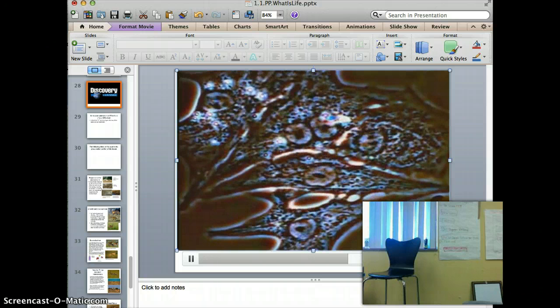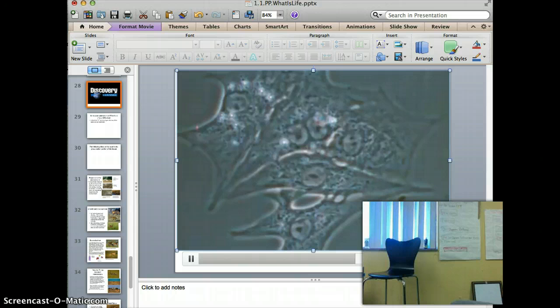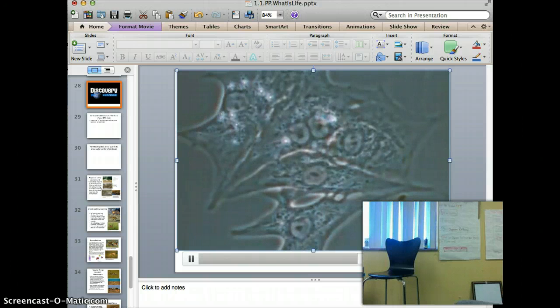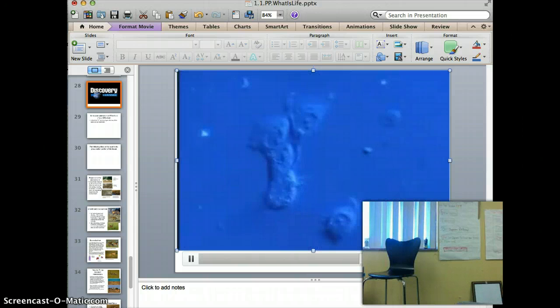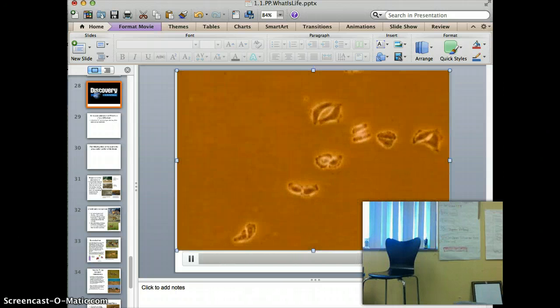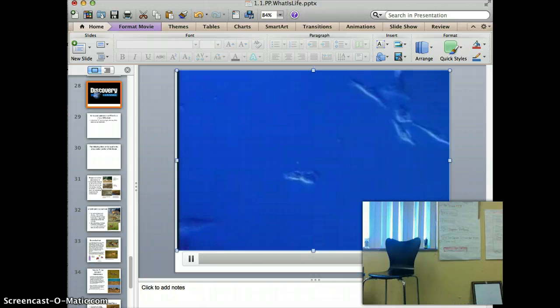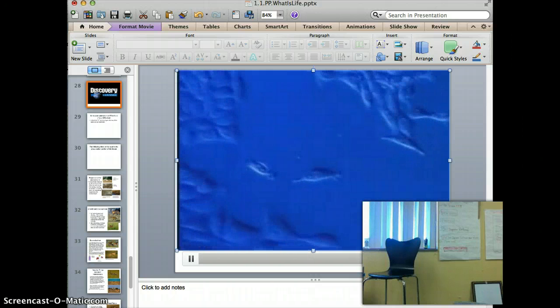Separately, they twitch to their own rhythm, but together they beat as one. Millions of them work together to give us a heartbeat. These muscle cells survive as long as we do, but throughout the body, cells die and get replaced all the time. Our body produces new cells through mitosis, the process where one cell divides into two. Since we're constantly losing and replacing cells, most cells in our body are actually younger than we are.